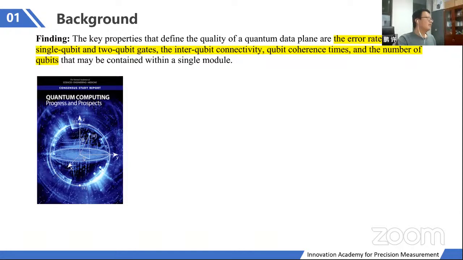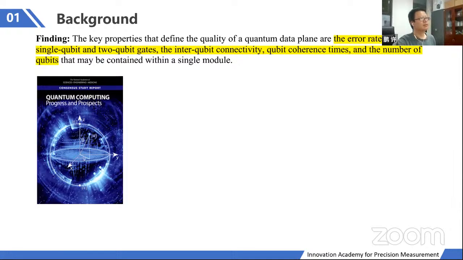So I'd like to cite a conclusion from this report, which indicates the key properties that define a good quantum computer.